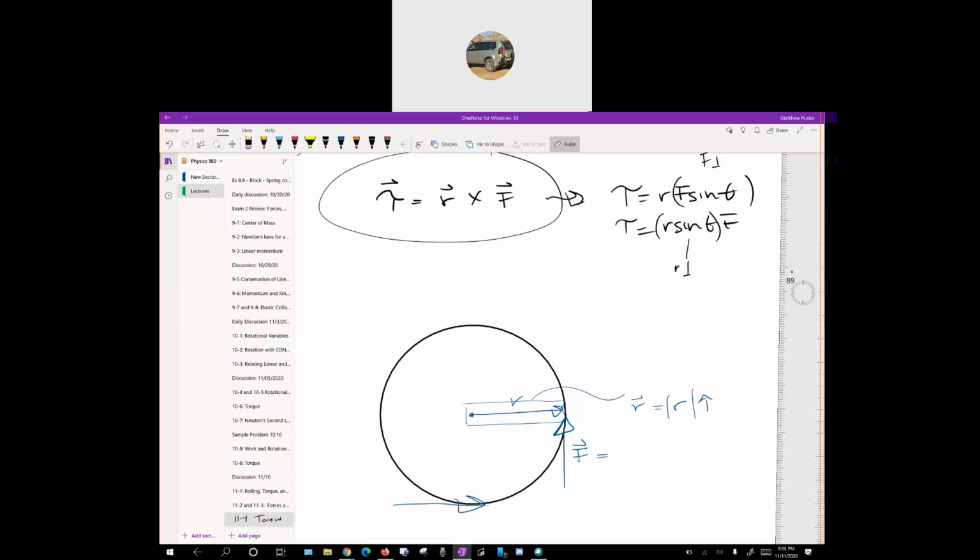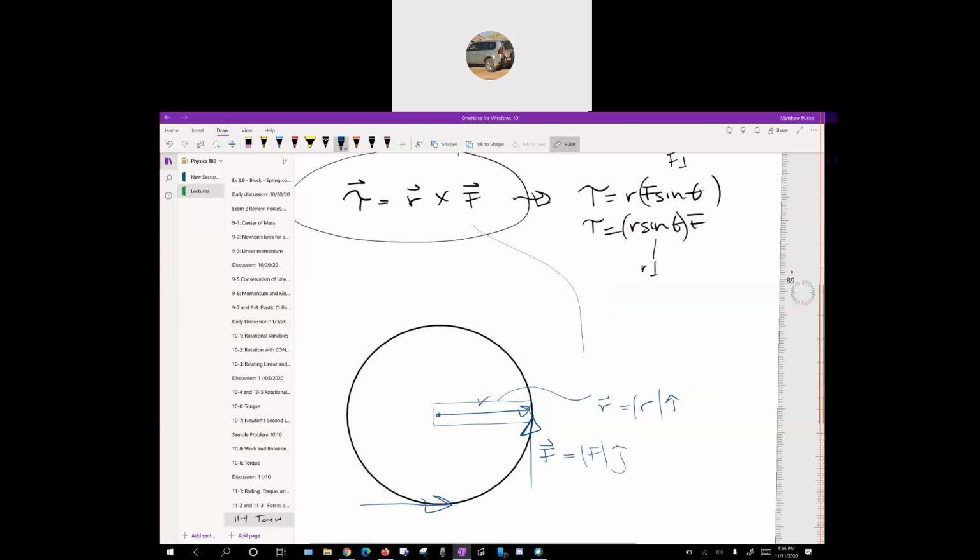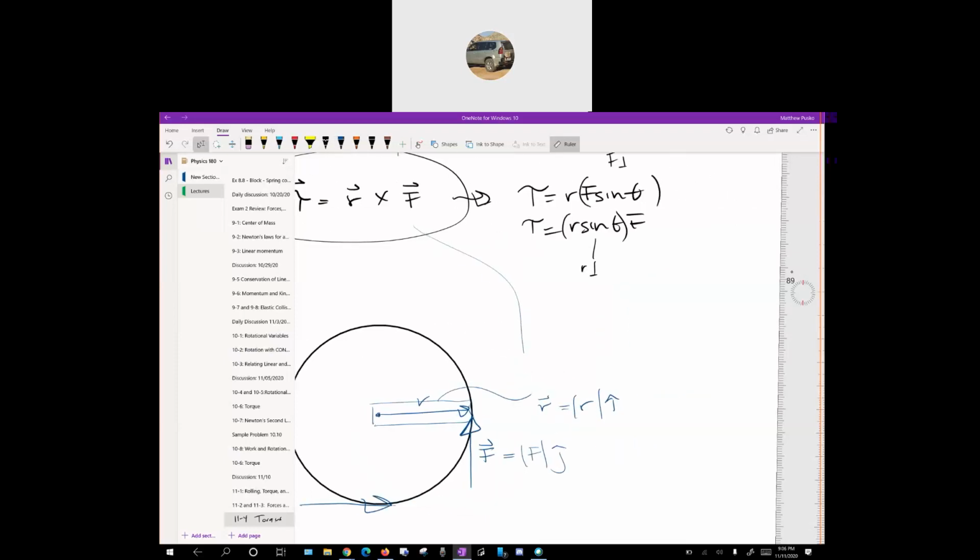What we're going to do is use this cross product definition. In this case, we'll say the force is equal to the magnitude of the force, and then it's in the positive j. And then what I do is this little trick. So you say i crossed into j gives you positive k. j crossed into k gives you positive i.